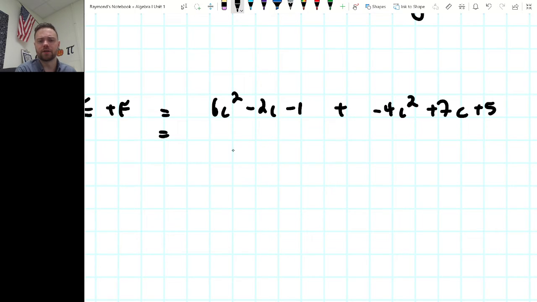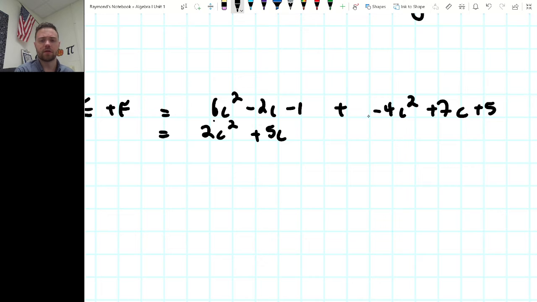Now what we want to do, essentially what adding and subtracting polynomials is, is combining like terms. So I've got 6c squared and negative 4c squared. 6 minus 4 is going to give me 2c squared. So I'm just adding the coefficients: 6 plus a negative 4 is positive 2. Then you've got negative 2 plus 7. 7 minus 2 is going to be 5c.